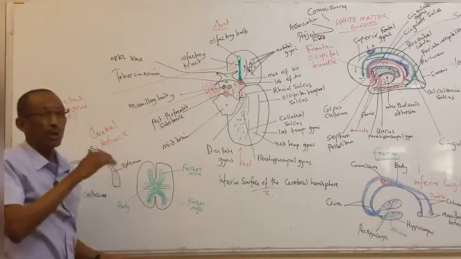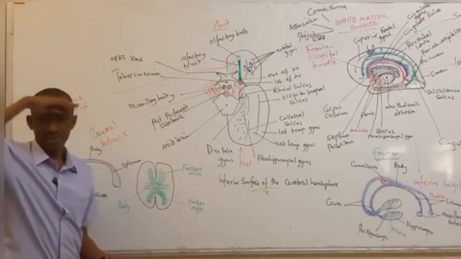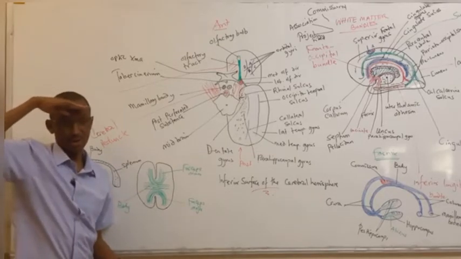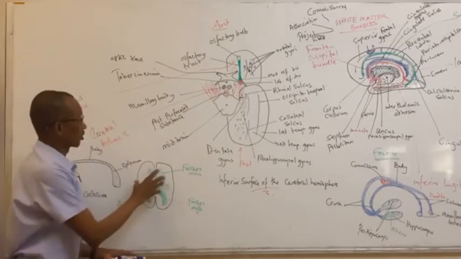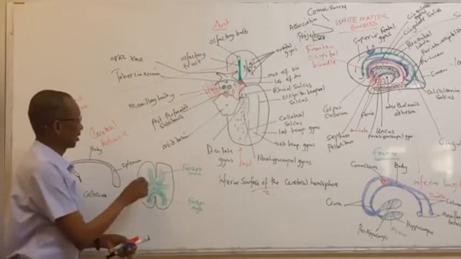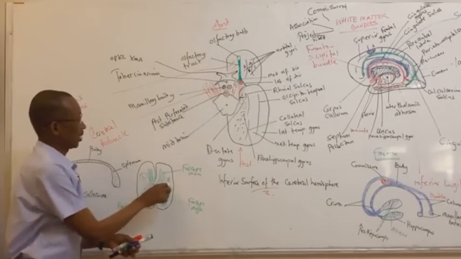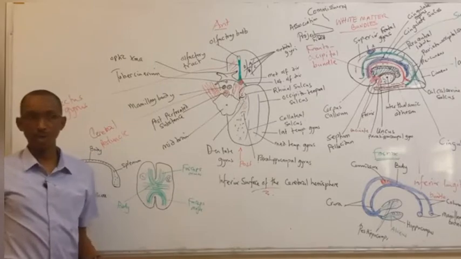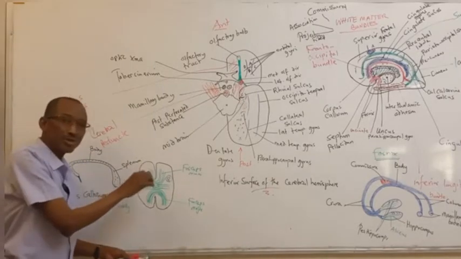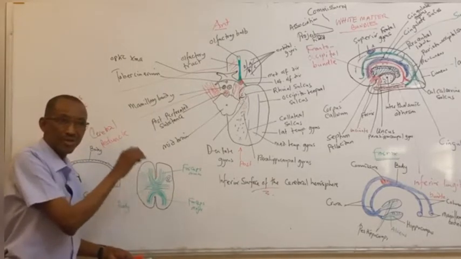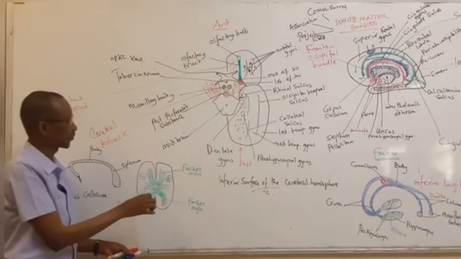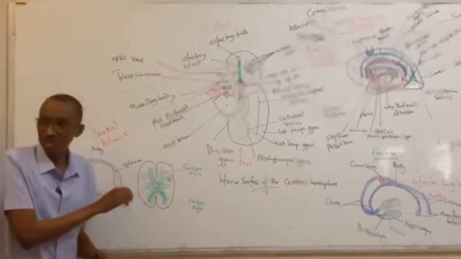So when we now take this horizontal section, we remove it. So we are going to see the two cerebral hemispheres, the left one and the right one. So the white matter bundles that we are going to see after that, when we make that cross section, is what we call the commissural fibers.